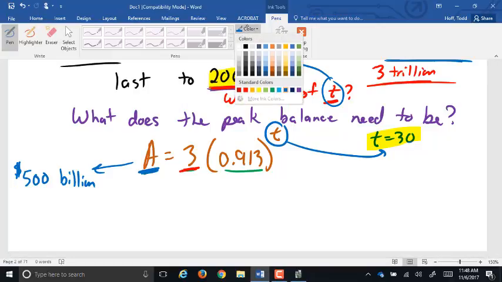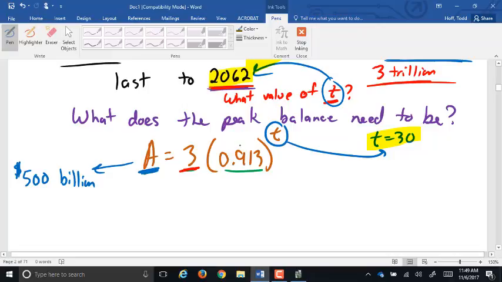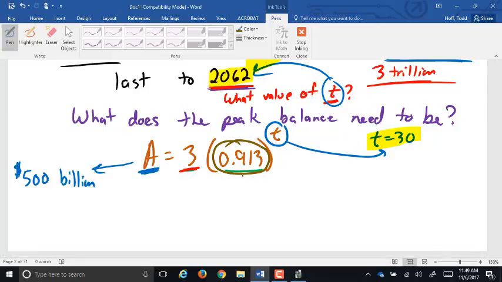Have they mentioned anything about the percent change being changed here at all? So this number here, the 0.913, is the percent change. That hasn't changed at all. In fact, we're looking at number 5 here in the lesson. They're saying it stays at 8.7%. So this does not change.